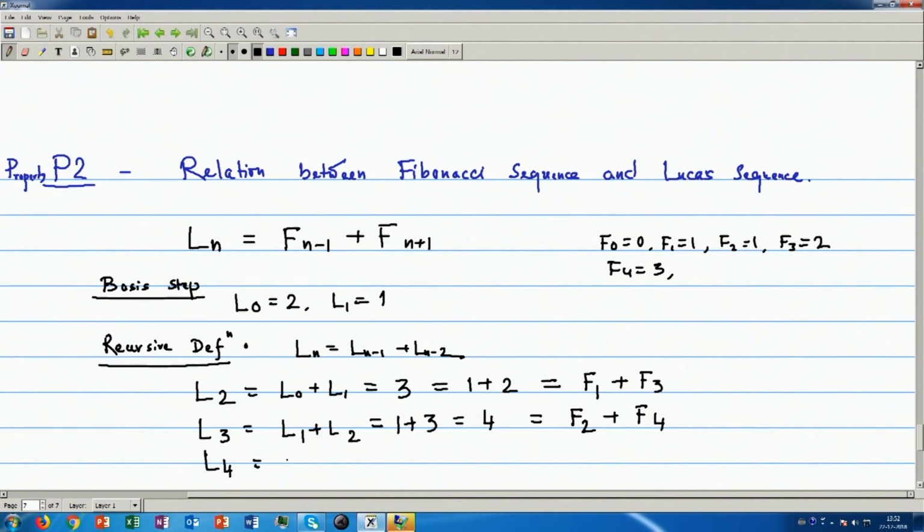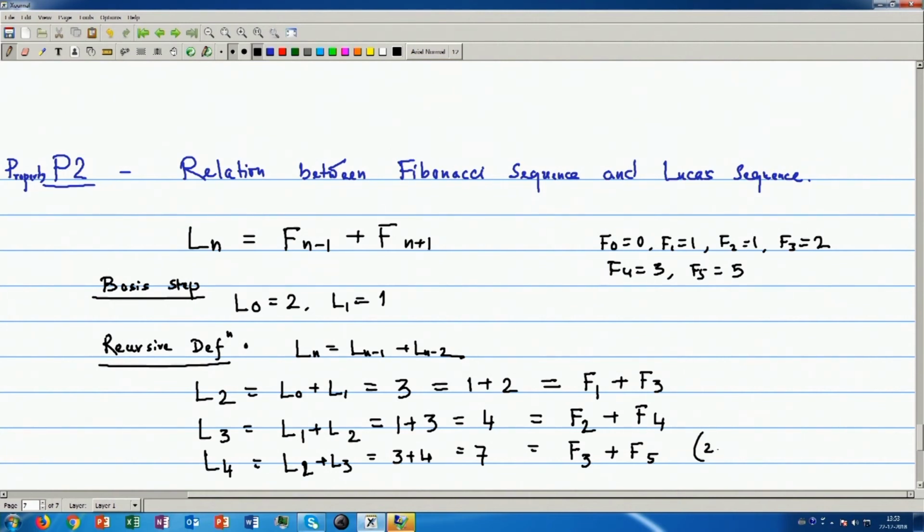If I continue in this way, L 4 is L 2 plus L 3, which is 3 plus 4, this is 7, and I can write that this is 2 plus 5, so f 3 plus f 5.